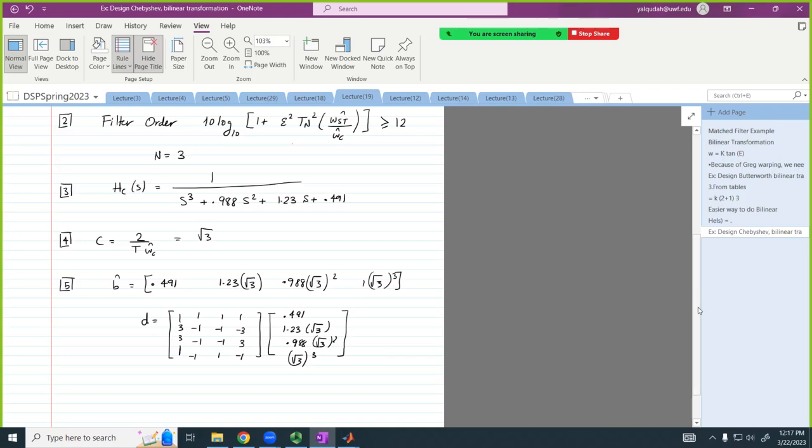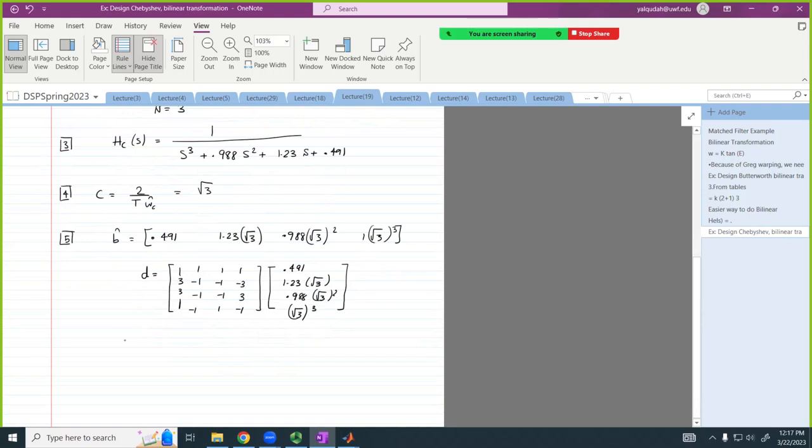Okay, and we're going to get h of z, which is going to be k multiplied by (z plus 1) cubed divided by 10.7 z cubed minus 14.9 z squared plus 11.95 z minus 3.8.